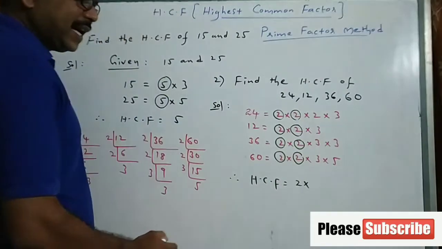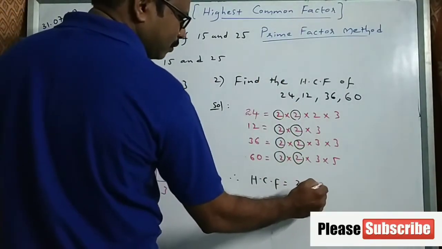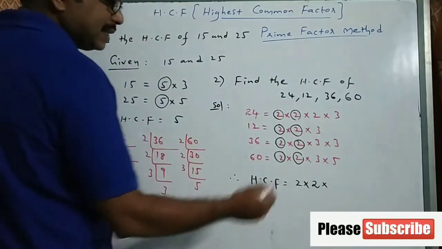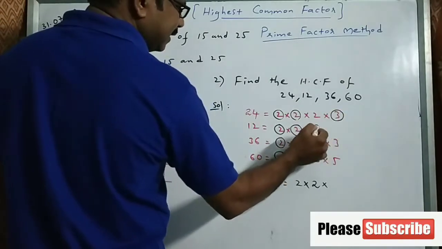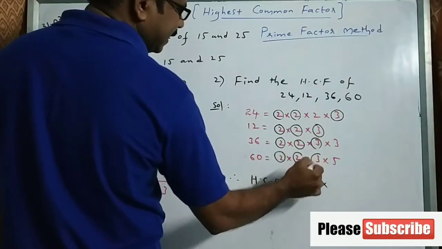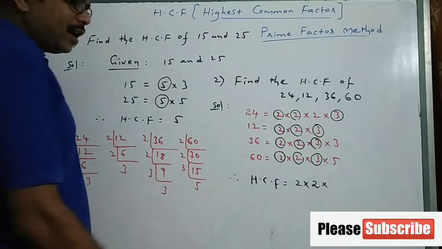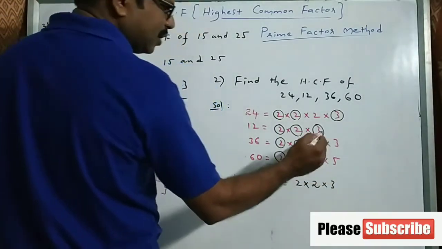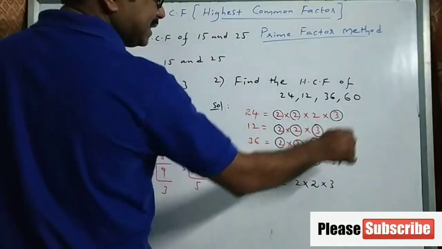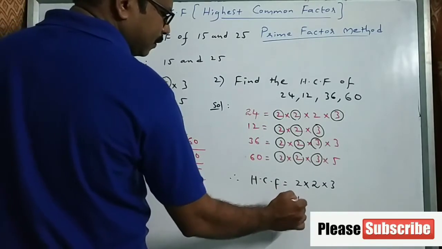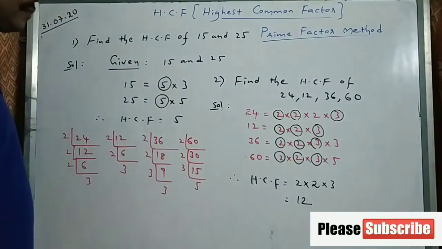Everywhere 2 is there. Common prime factor. Into, is there 3? Again 3 is also a common prime factor. 3. That's all. We don't have 5s here. So 2 2s are 4, 4 3s are 12.